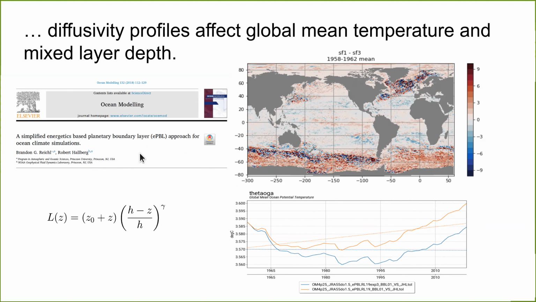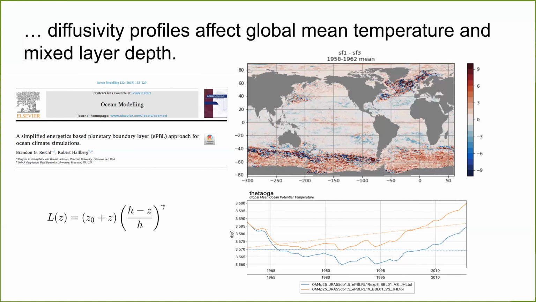The EPBL scheme uses a shape function to find the characteristic length. It has an exponent gamma shown over here. I won't get into the details of the scheme right now, but changing the exponent from 1 to 3 has an impact on long-term simulations. The top figure shows the difference between two MOM6 runs in terms of mixed layer depth after a simulation has been run for a period of about 4 years.